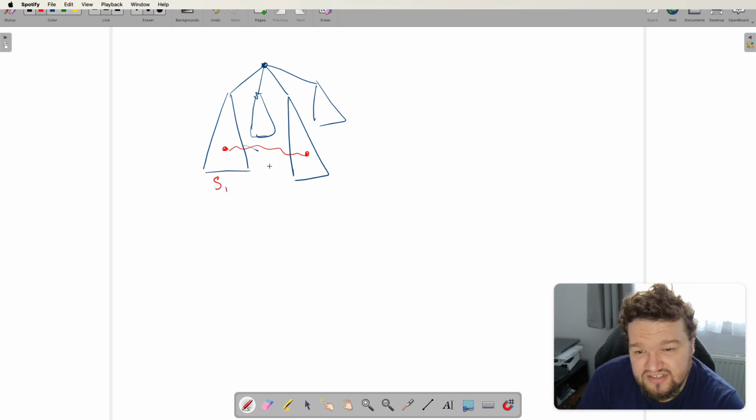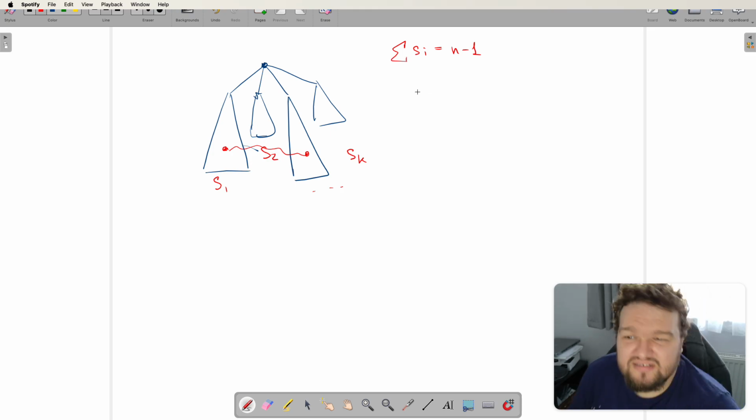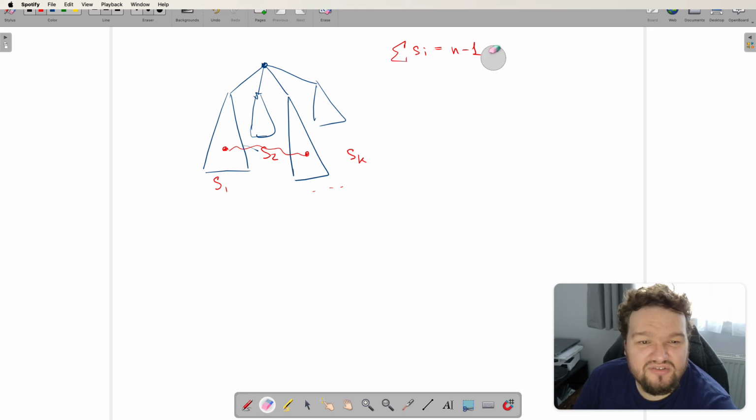If we look at the sizes of those things, the sum of the sizes is, well, if it's the root, then it's n minus 1, but I will remove that because later we will need to do a kind of similar thing but lower, so I don't want to just say that we're using the root here.